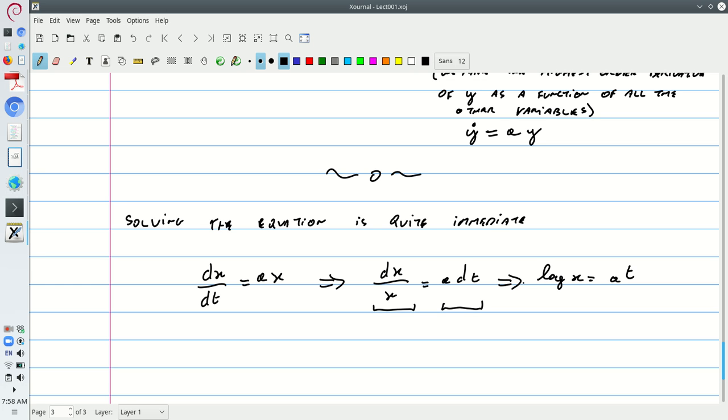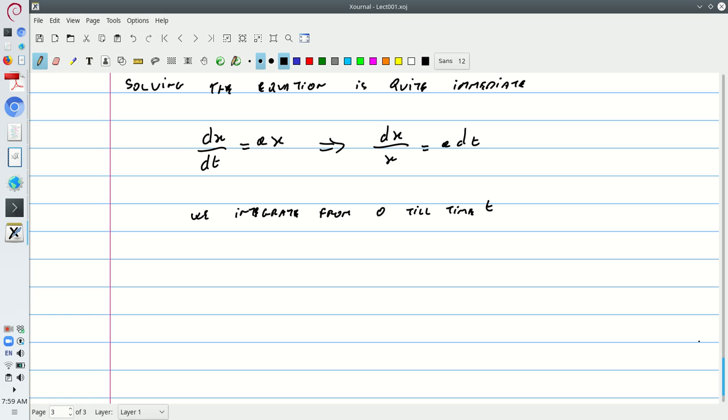But an important thing when we are integrating, this is what's typically done, but I prefer to do it in a more principled way. And the principled way, so to speak, is the following. We integrate from 0 till time t.